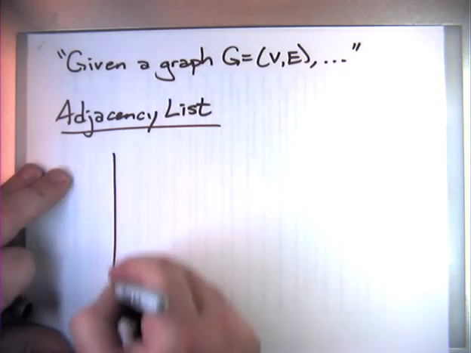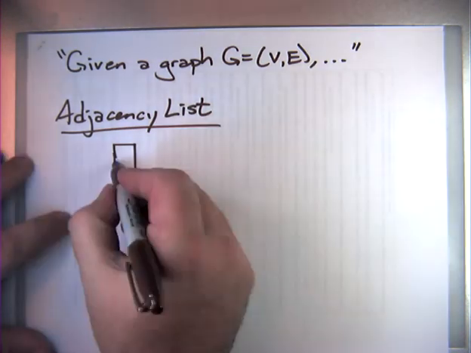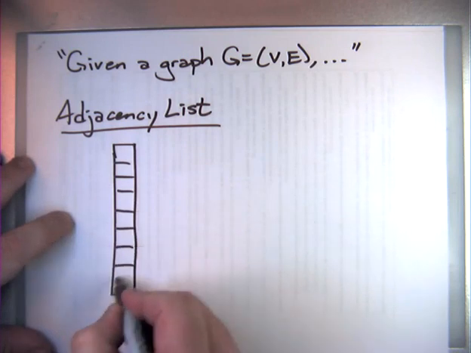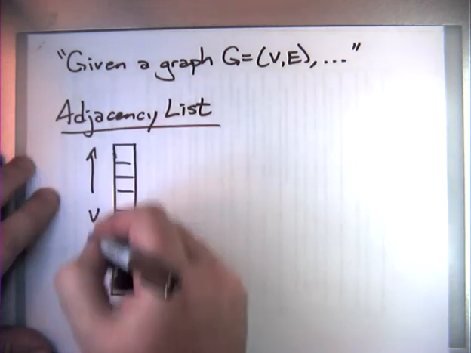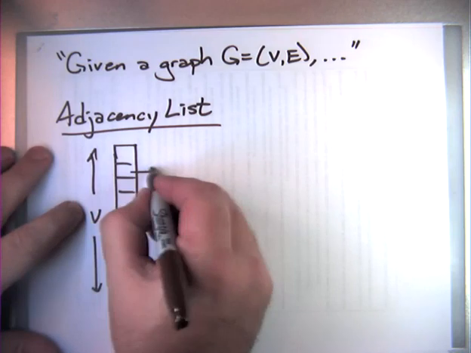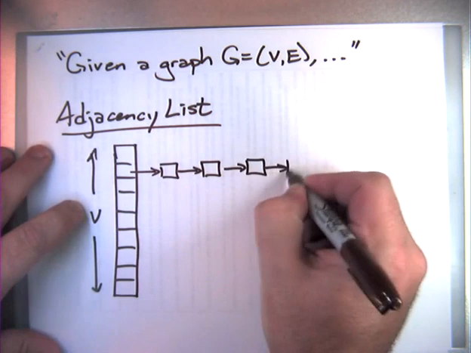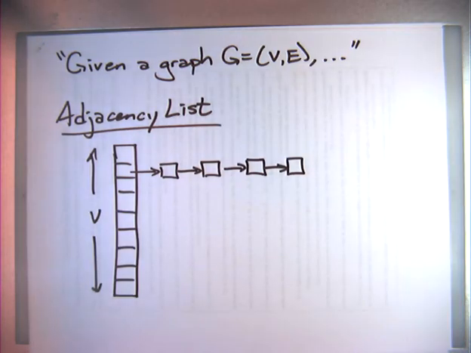Okay, so the idea, at least for the standard textbook adjacency list data structure, is you start off with an array indexed by the vertices. 1 slot for every vertex, which means you already somewhere have an implicit map from the vertices to the integers from 1 to n for some integer n. And then for every vertex, you have a list of all of the edges with that vertex as an endpoint.